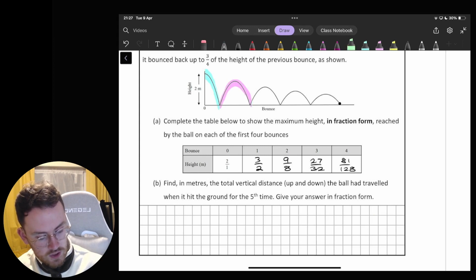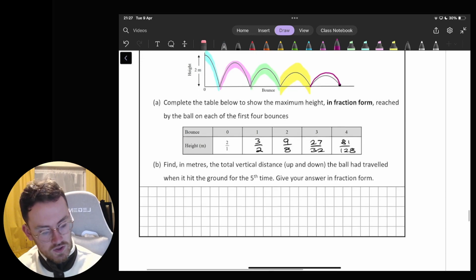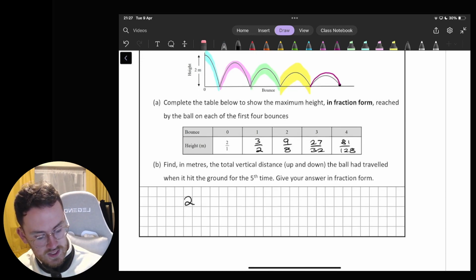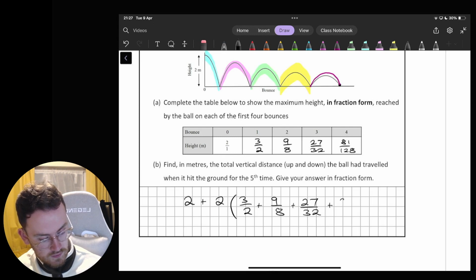It then travels up 9/8 and back down 9/8, up 27/32, down 27/32, and then lastly, following the same idea, up and down again. So the initial distance is the only one that's on its own, and each of the rest of the distances comes up twice, because we're going up and down.